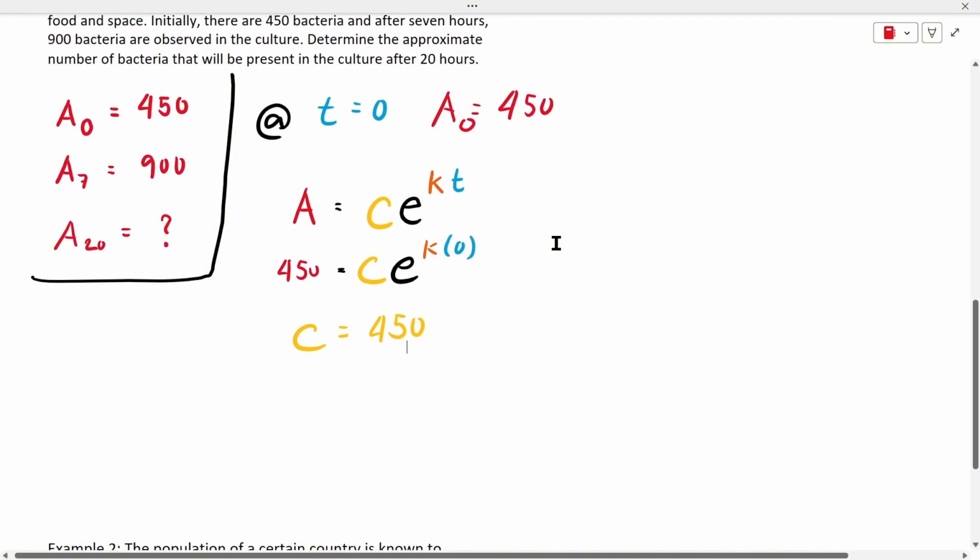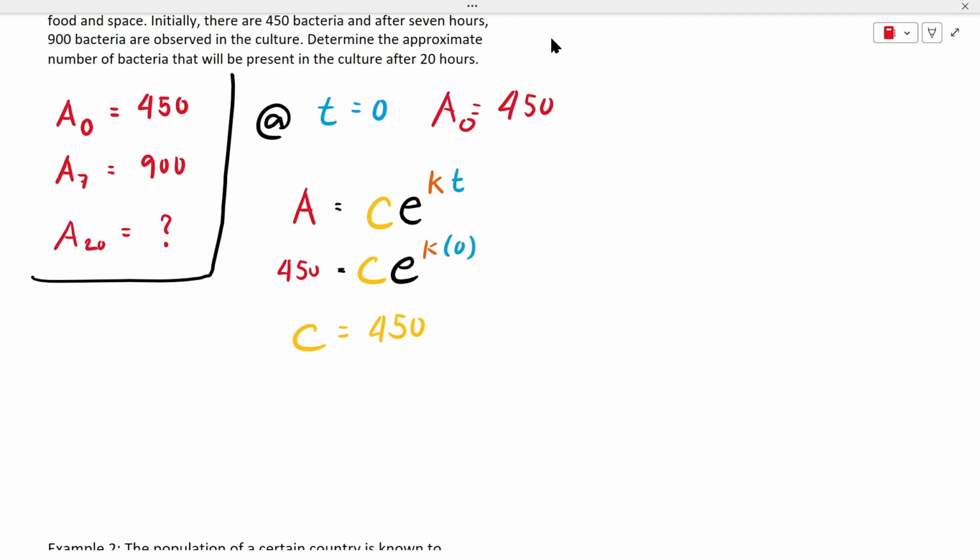Now if we substitute the value of C in the preceding equation, we now have A equals 450 e raised to kt.